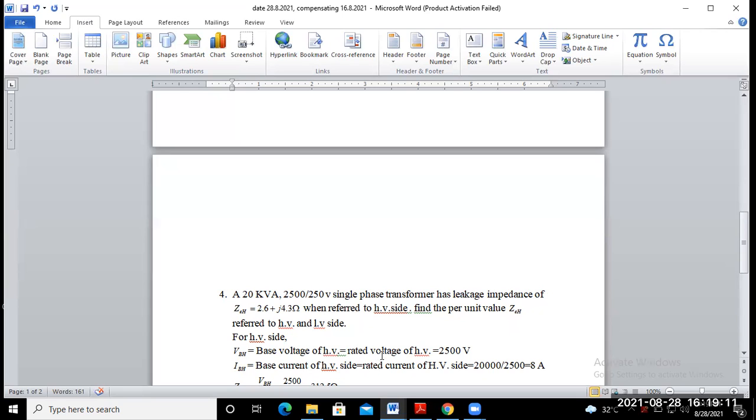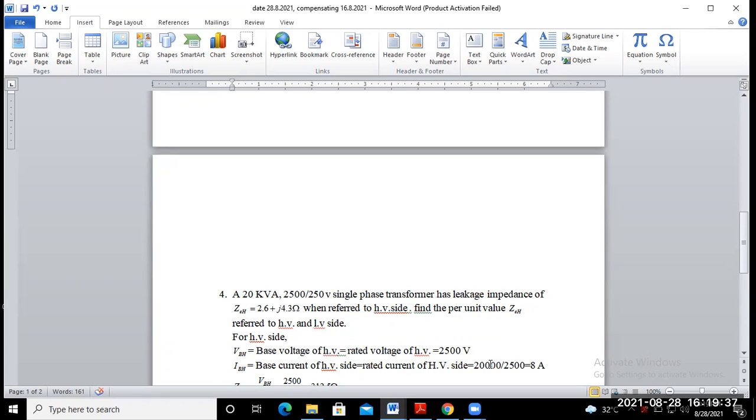Okay, we already chose the rated voltage on the high voltage side, that is 2,500 volt. So just divide this by the voltage. That means we use the standard formula of current equal to power divided by voltage.